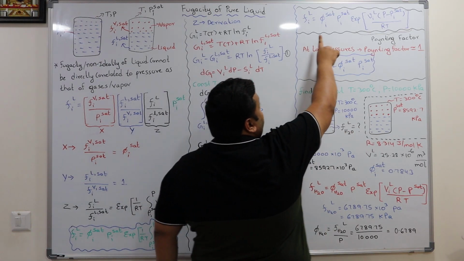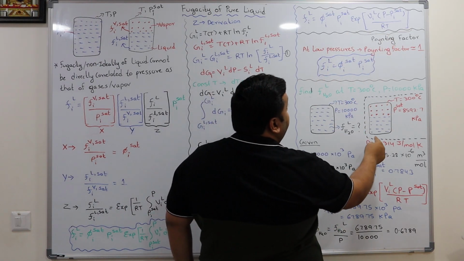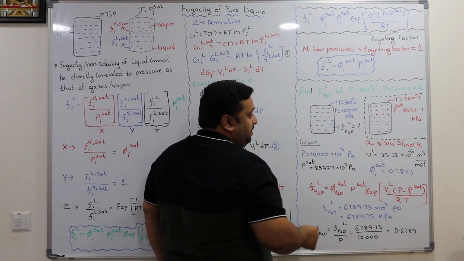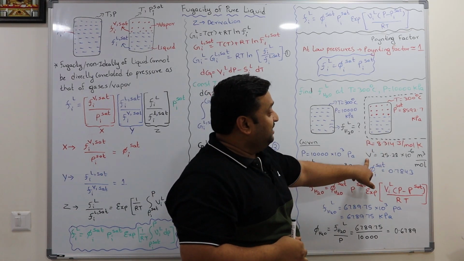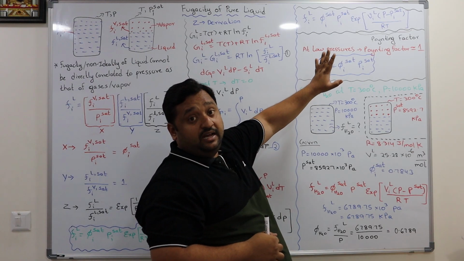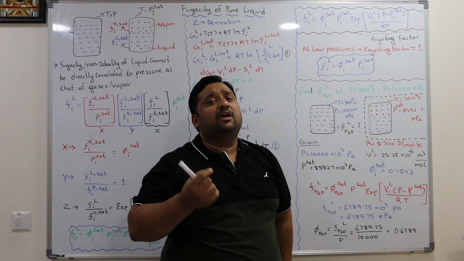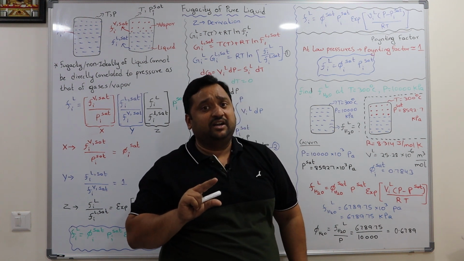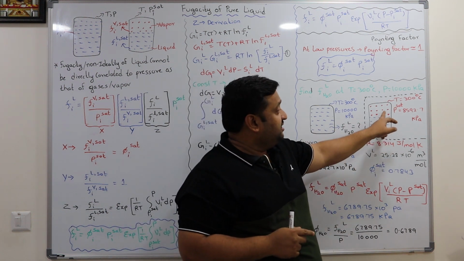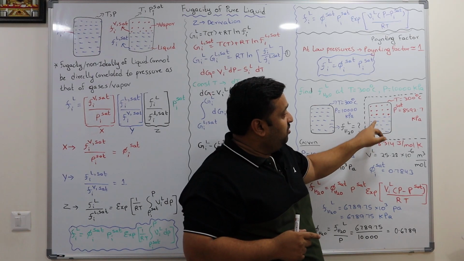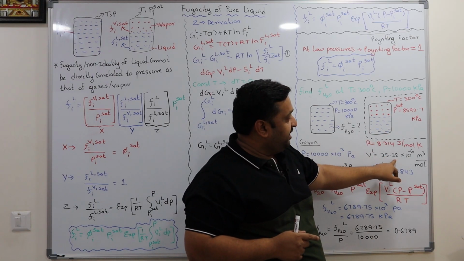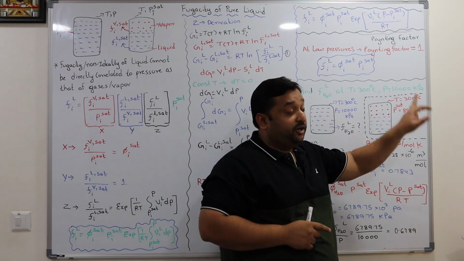In this expression I have taken R equal to 8.314 joule per mole Kelvin. Normally V i L is the molar volume of the liquid at the saturated conditions, so we should take that. At the saturated conditions, the molar volume of the liquid is around 25.28 into 10 power minus 6 meter cube per mole.